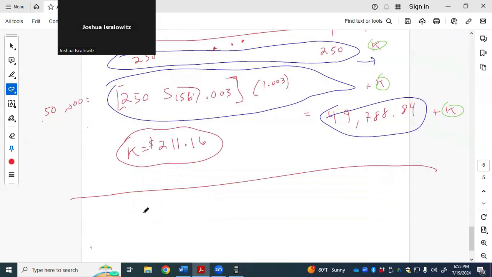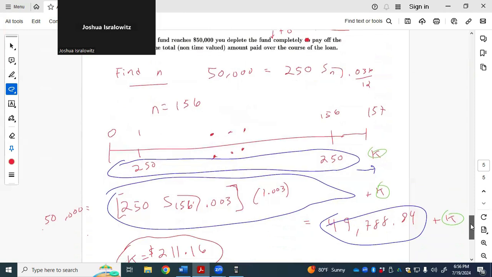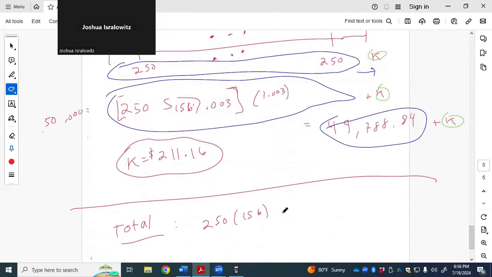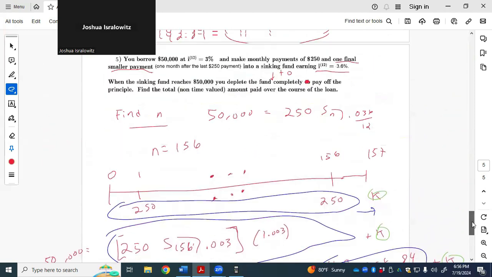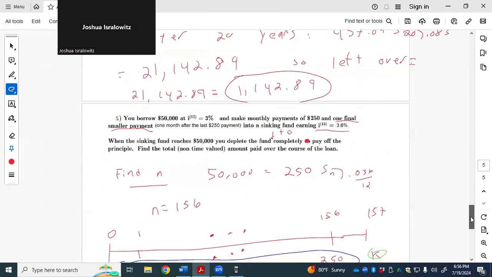This is getting long. So in total, you have your 156 payments of 250, you have your one payment of 211.16, and you have 157 payments of interest.